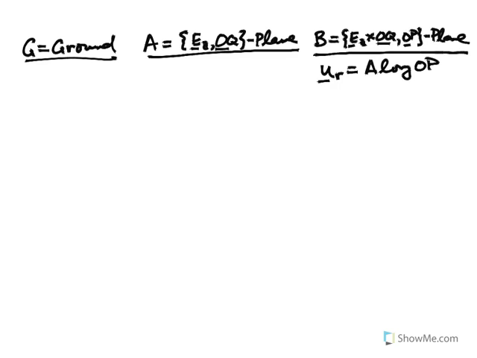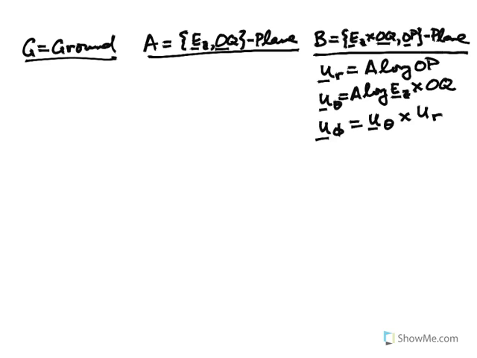Now I'm going to call the direction U theta along EZ crossed with OQ, because those are the two directions I used to define this plane. And then I'm going to call U phi equal to U theta crossed with UR.